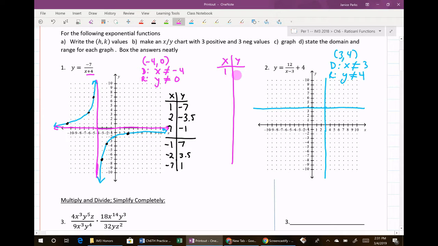So I'm just going to do all the numbers that multiply to 12. 1 times 12, 2 times 6, 3 times 4, 4 times 3, 6 times 2, and 12 times 1. I know that's a lot of numbers, but it'll just give you a much better idea of what the graph looks like. So then I'm just going to make them all negative.